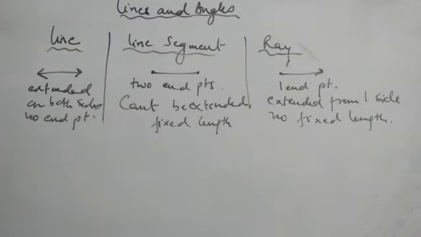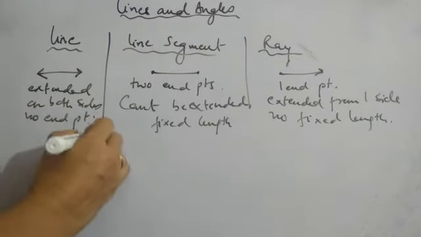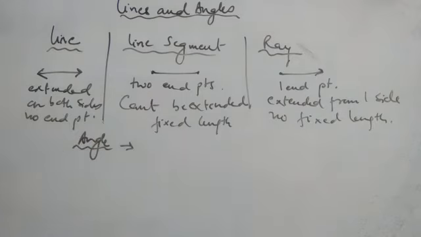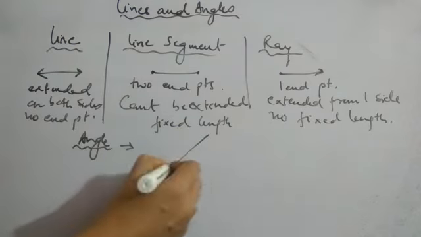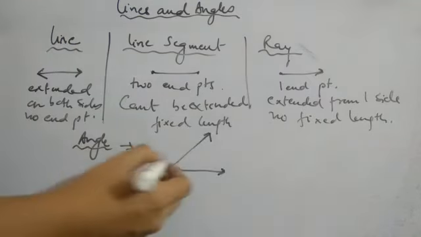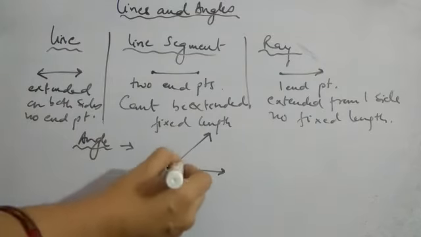Then we should know what an angle is. Okay, what is an angle? An angle is formed when two rays have a common vertex.